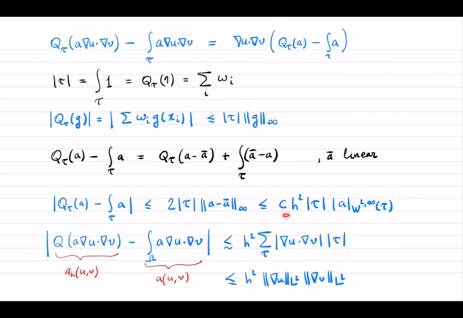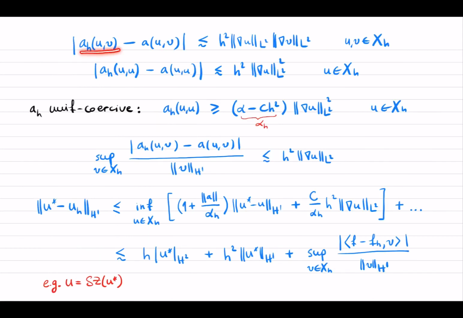By substituting this estimate, we get h squared, and remember that we had this nabla u times nabla v in front, so nabla u times nabla v here, and the volume of tau. And now, since nabla u times nabla v is constant, this sum is actually just the integral over omega of this function, the absolute value of nabla u times nabla v. And by applying the Cauchy-Schwarz, we get this bound.